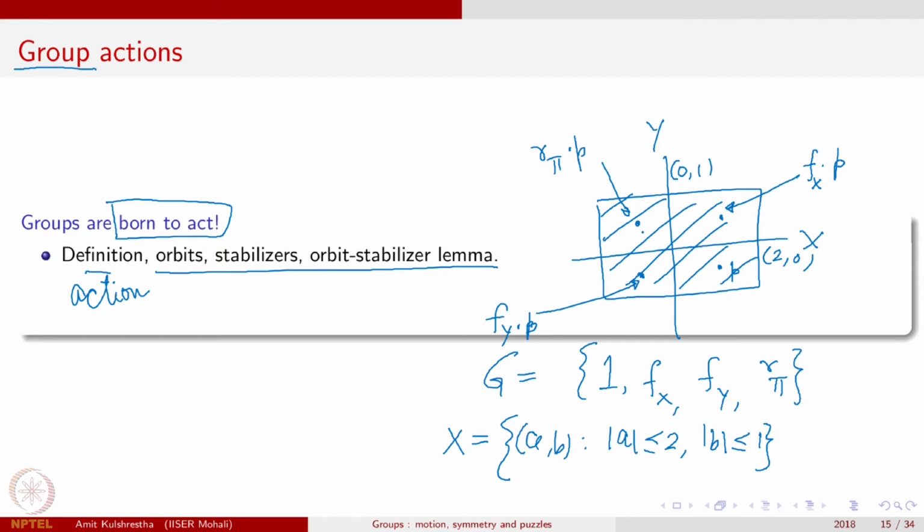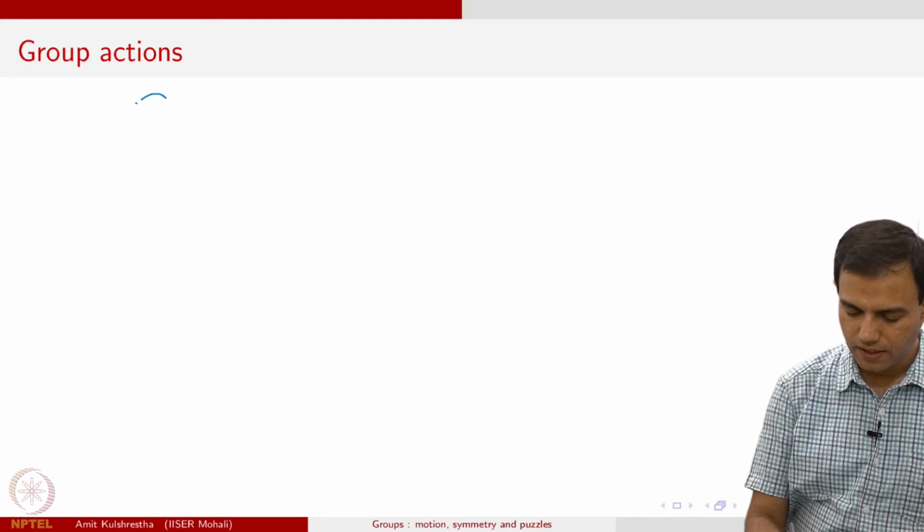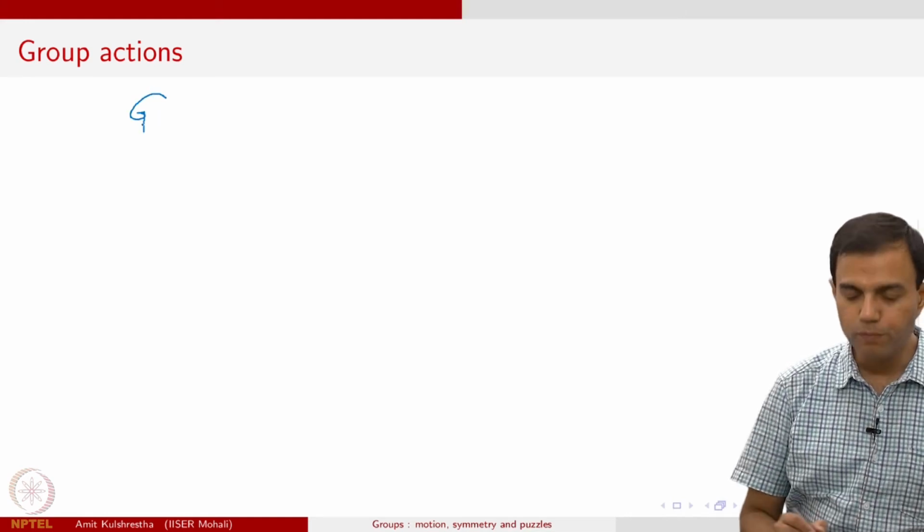So, formally I am going to define the action now. In the action there is a group and then there is a set. I have already given you a concrete example of action through the rectangle and this group case. So, what is a group action? I have a group.